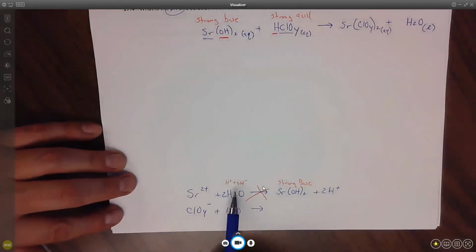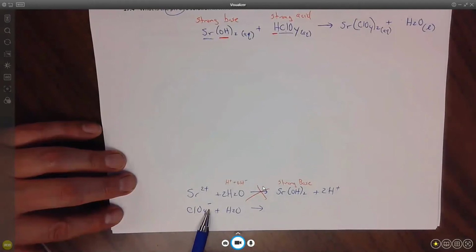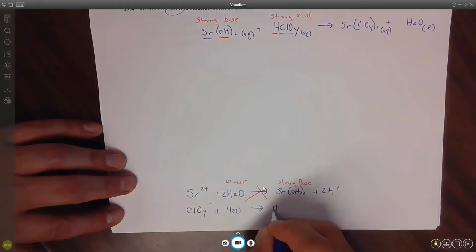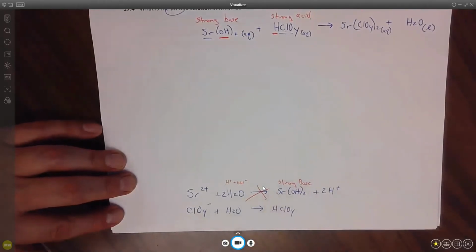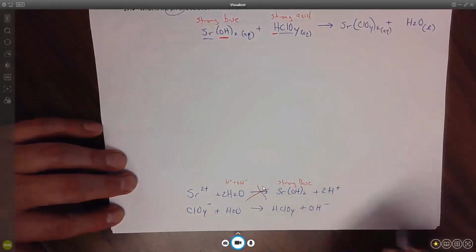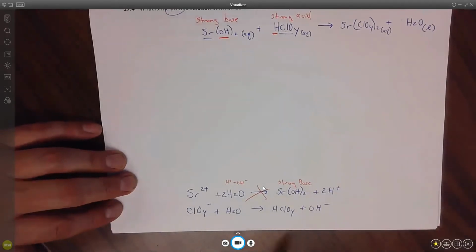No, again, remember, we can think of water as being H+ and OH-. I have an anion. What do anions react with? Anions react with cations. So this is a +1, this is a -1, so this is going to be HClO4. And then it's going to leave behind the OH-.